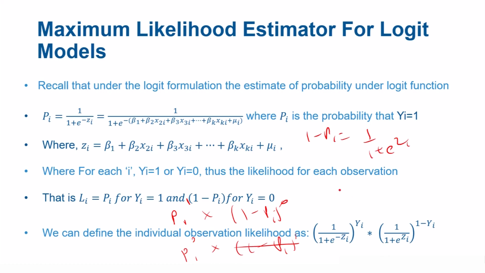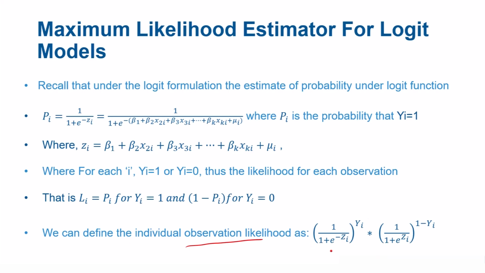So we can substitute this pi with 1 upon 1 plus e to the power minus zi, to the power yi, into this 1 minus pi, which is 1 upon 1 plus e to the power zi, to the power 1 minus yi when yi doesn't take place. So overall, the likelihood can be written as very simply this function into this function.